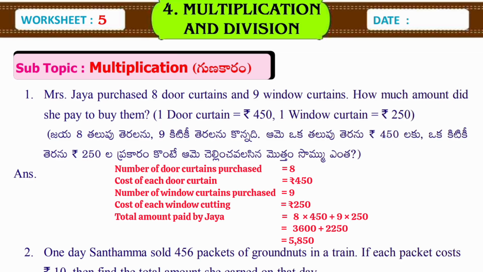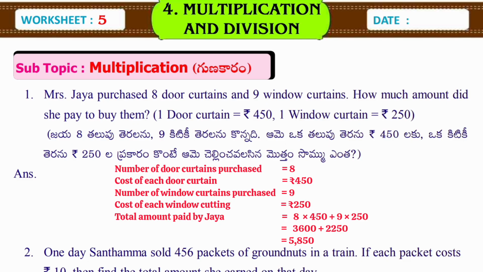Here the amounts of a door curtain and window curtain are given in the bracket, just observe that also. Now let's see the total amount she paid. So 8 into 450 plus 9 into 250. If you multiply 8 into 450, you will get 3600, plus 9 into 250 will be 2250. If you add both, you will get the answer as 5850. So 5850 she paid.